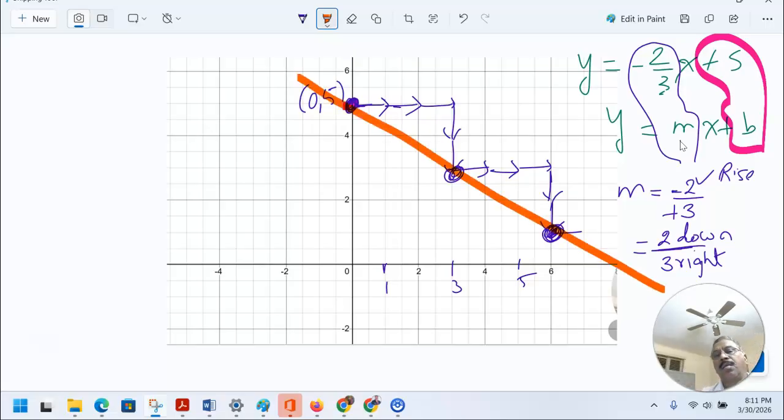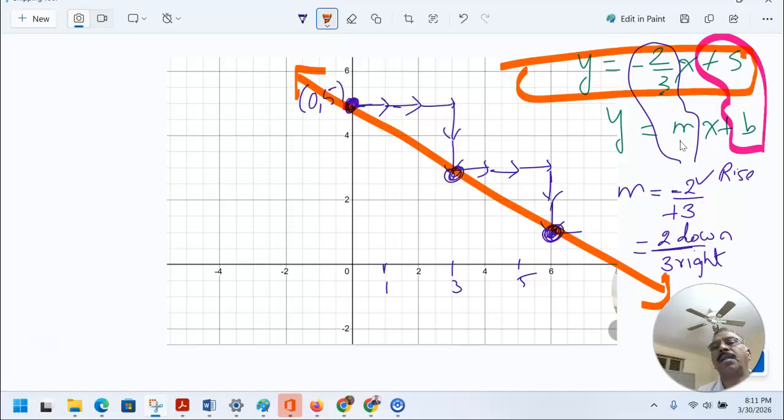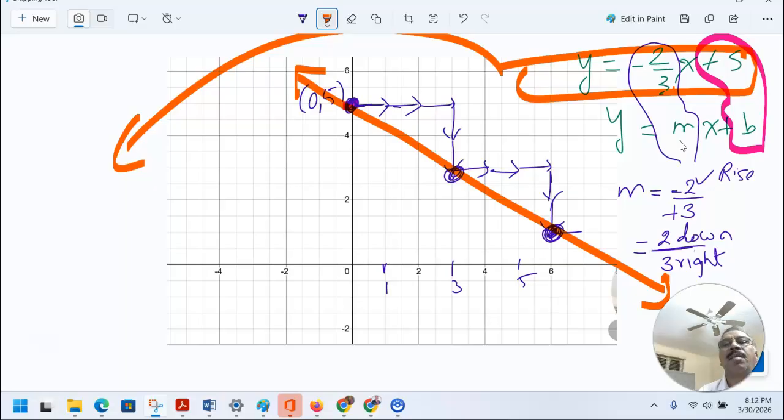You're done. So always remember you have to put an arrow on both sides. So this is how to graph using directly the point and then the slope. Before that, we tried taking some of the points.